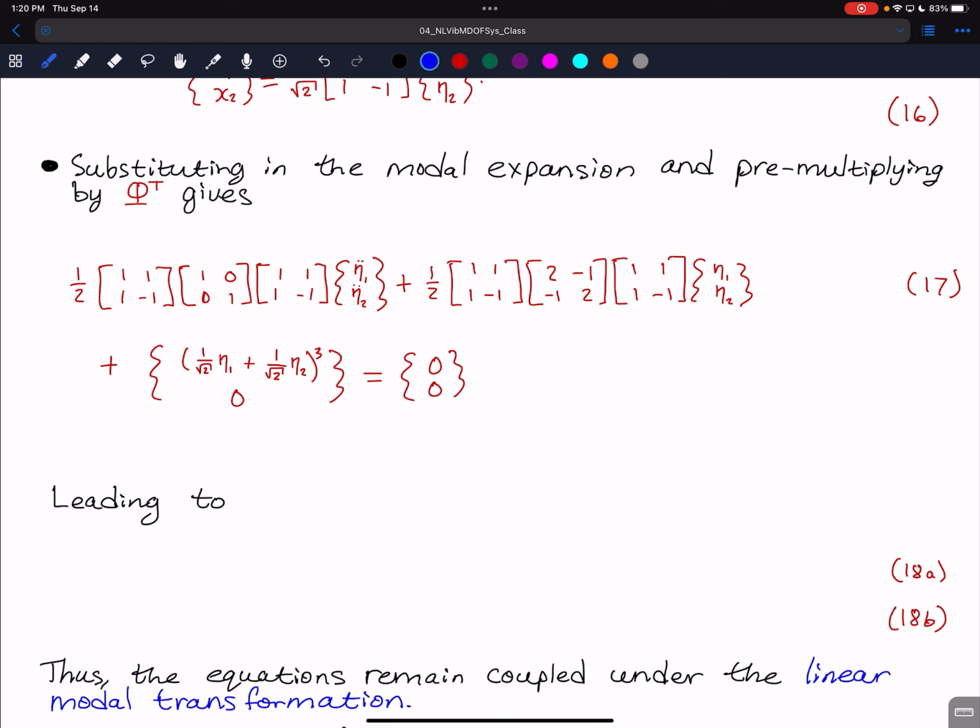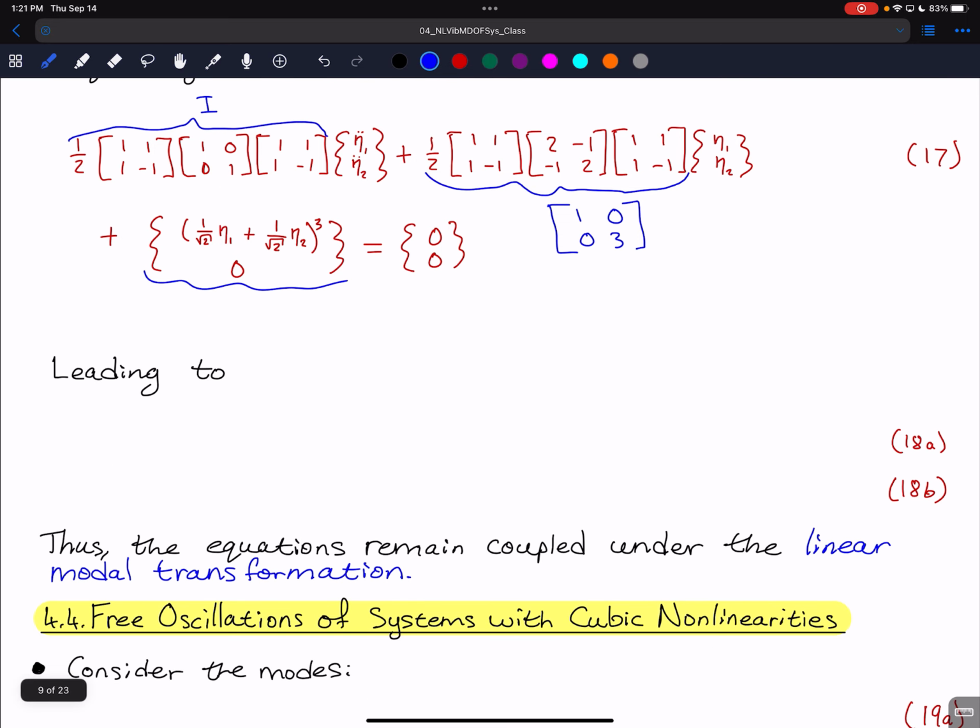Okay, so because these eigenvectors or these mode shapes have been mass orthonormalized, we're going to get the identity matrix from here. From the stiffness contribution, we're going to get the matrix 1, 0, 0, 3, where 1 and 3 are the natural frequencies squared. And then this last term gives us the following.